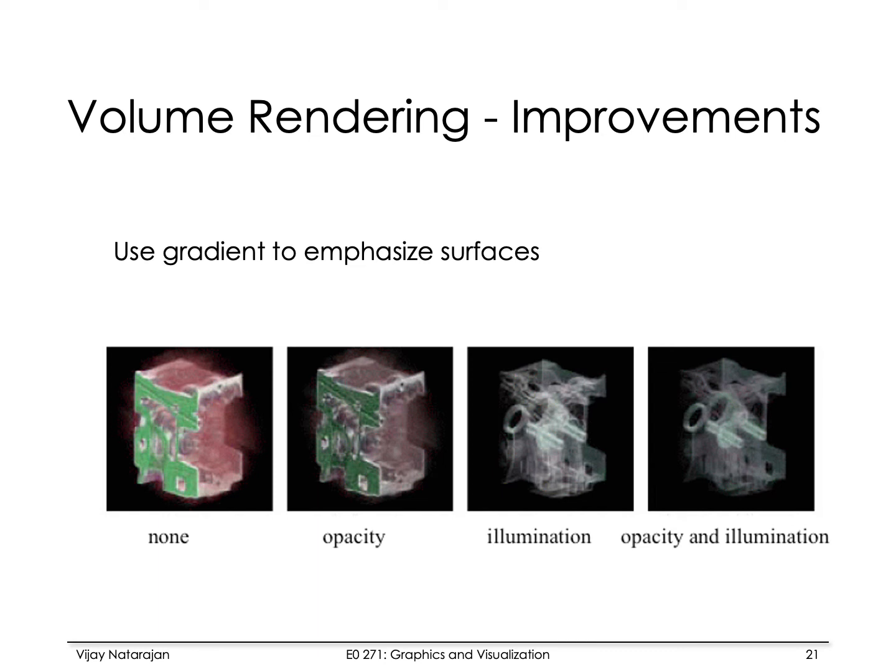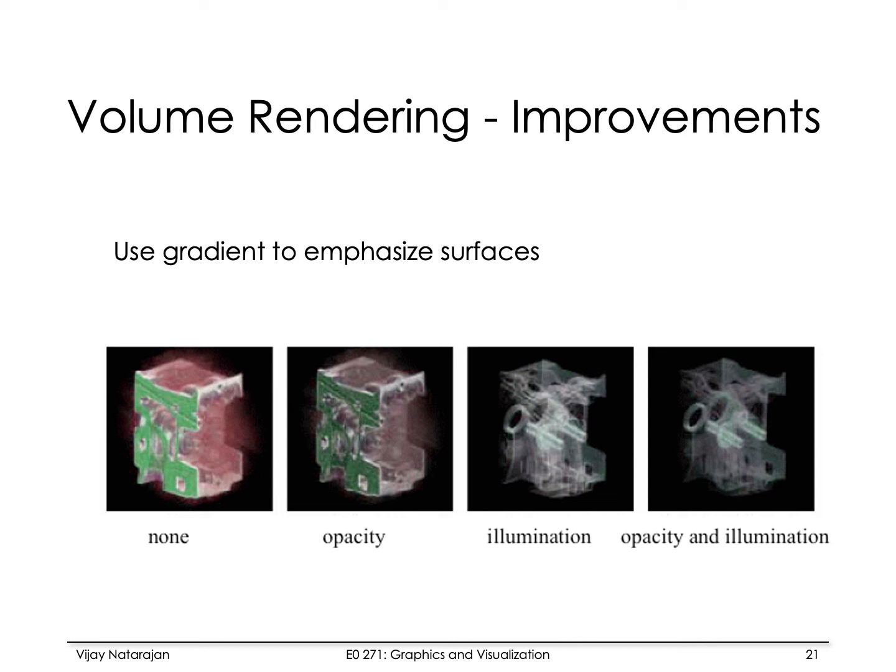Finally, let's look at various improvements that have been proposed in the literature. We are going to talk about only 2 or 3 here. There are several papers written on volume rendering, and this continues to be a topic of interest. Like I mentioned, the gradient could be used to emphasize surfaces.